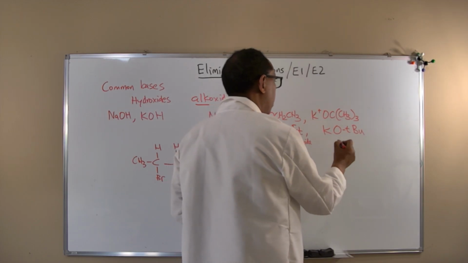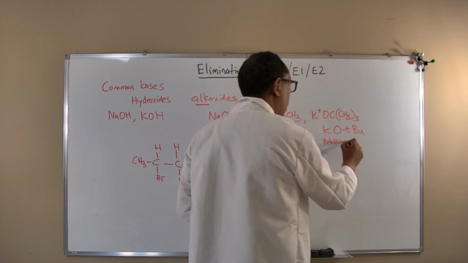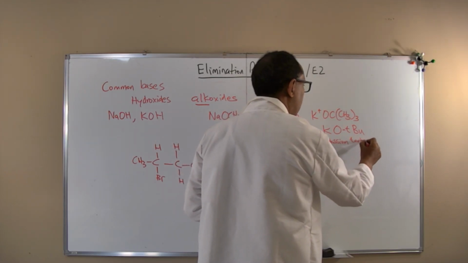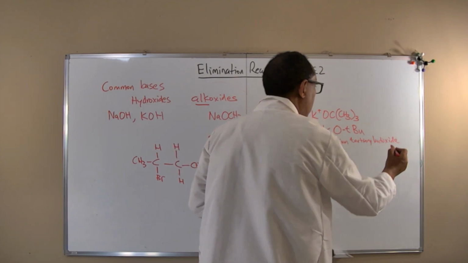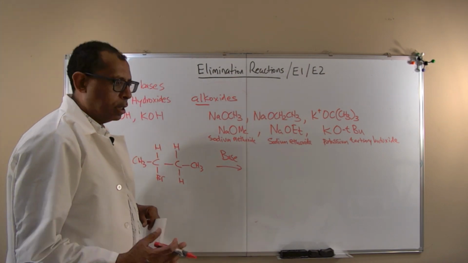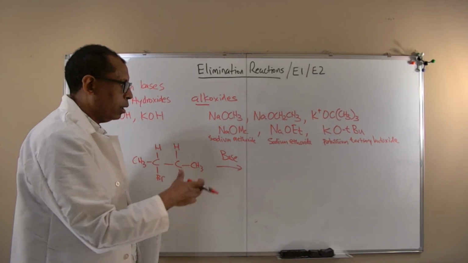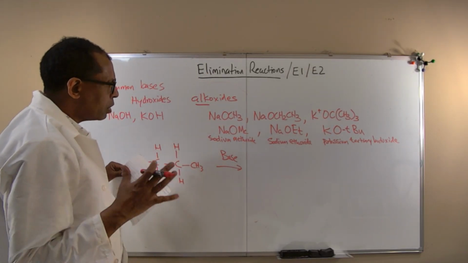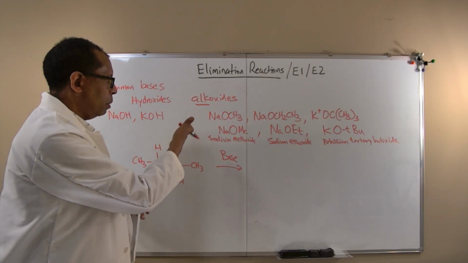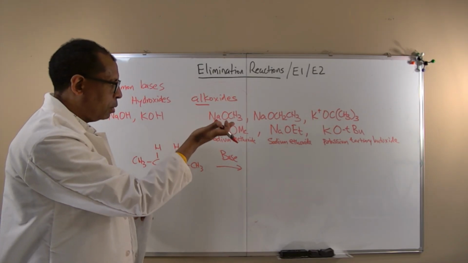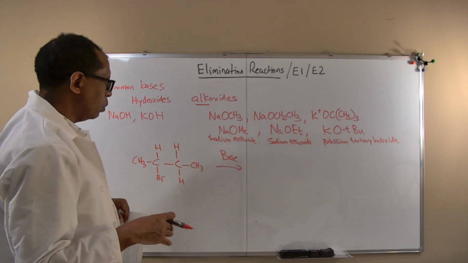So this is potassium tertiary butoxide. That is a strong bulky base. These are strong bases, but the bulk increases when you see the t-butyl group. So these are generally what you'd encounter in solving problems. They could be sodium methoxide, potassium methoxide, sodium ethoxide.